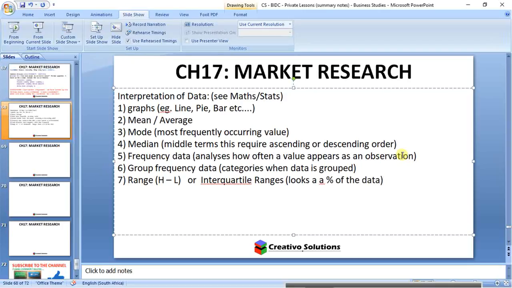So for example, 25%, a quarter. Interquartile means 25%, so 0, 25%, 50%, 75%, those would be the interquartile ranges. Okay, 25, 50, 75.